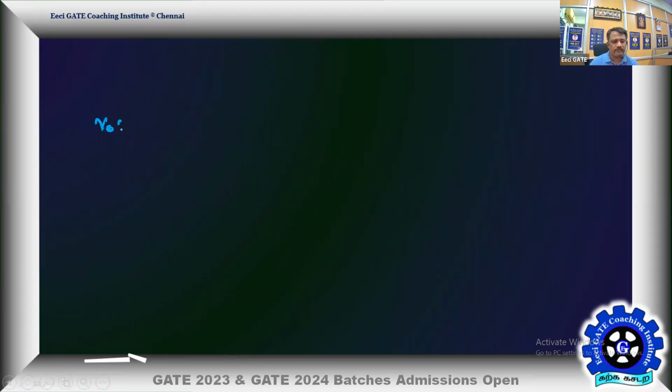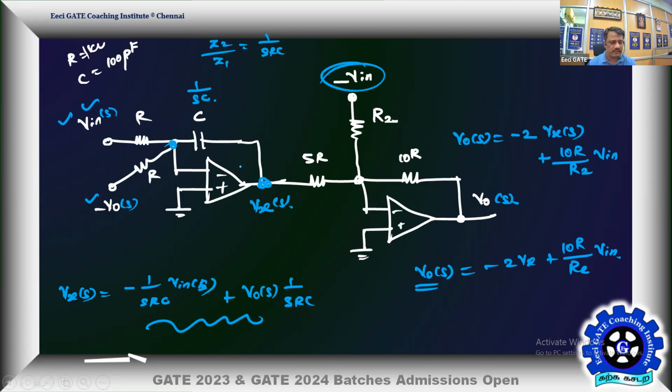So let me substitute Vx in the next equation. V naught of S is equal to minus 2 times your Vx, minus 2 times, what is the Vx?